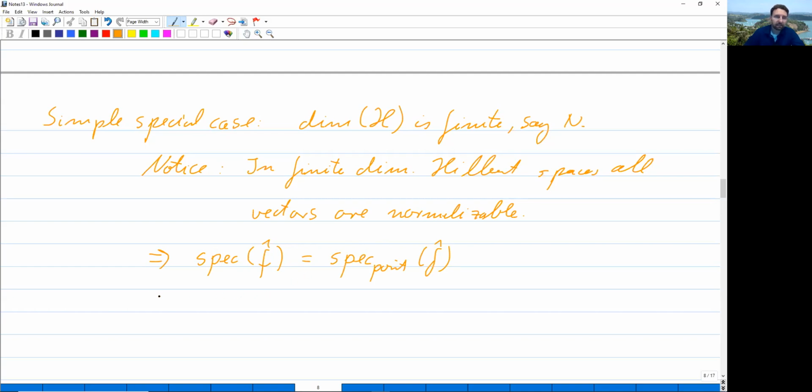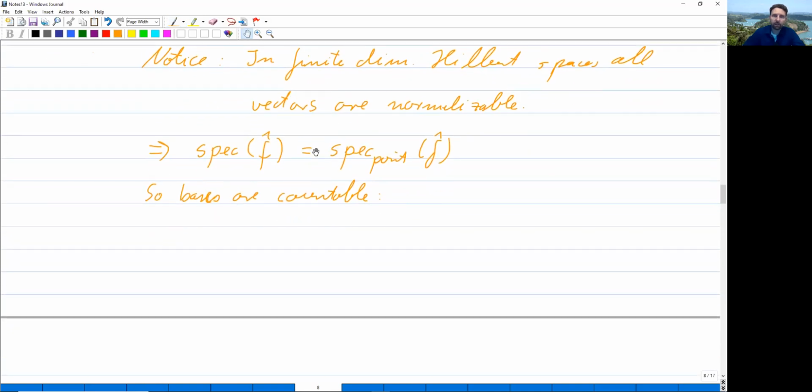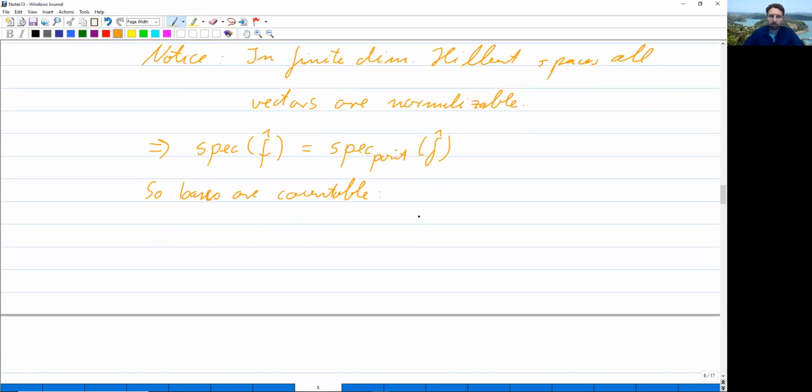So the bases are countable in these Hilbert spaces. In fact, they're finite, and we have, actually, I should not write f here because as far as we know so far in our course, the f hat are observables that live in an infinite dimensional Hilbert space.